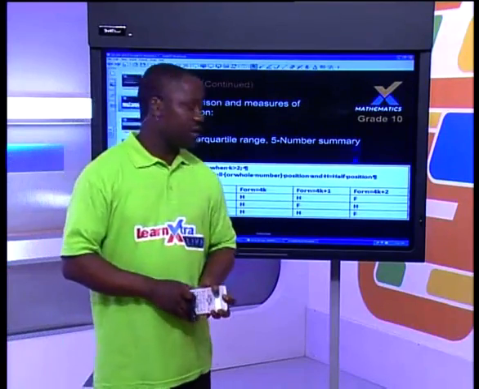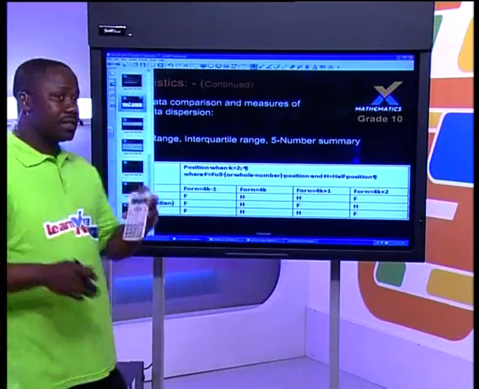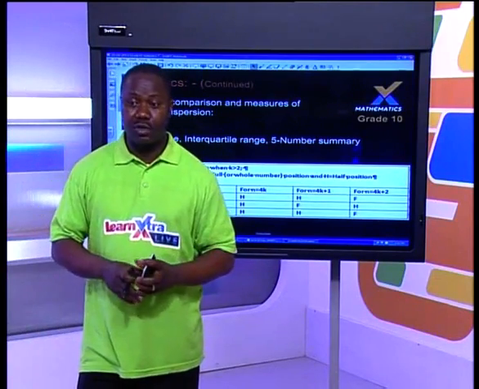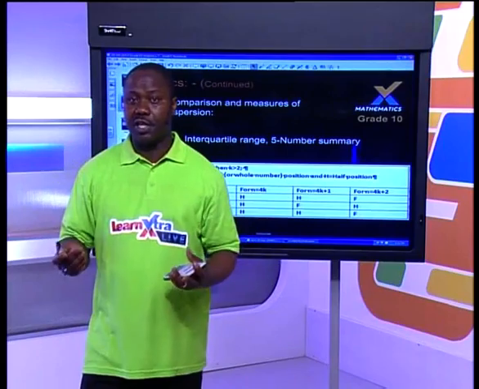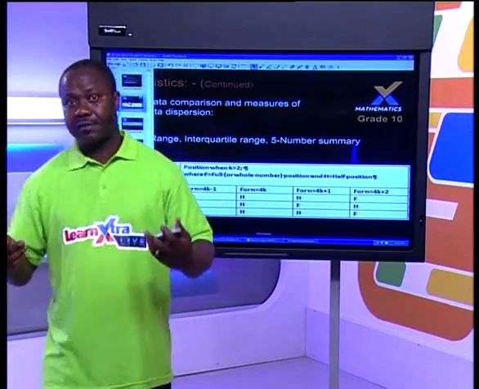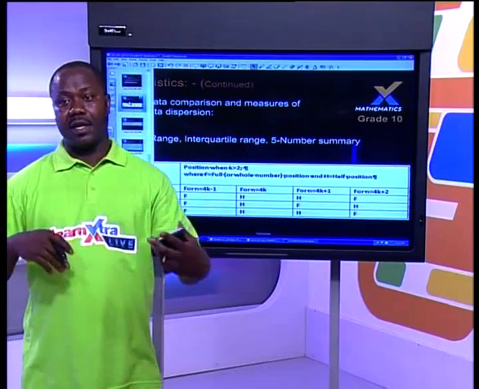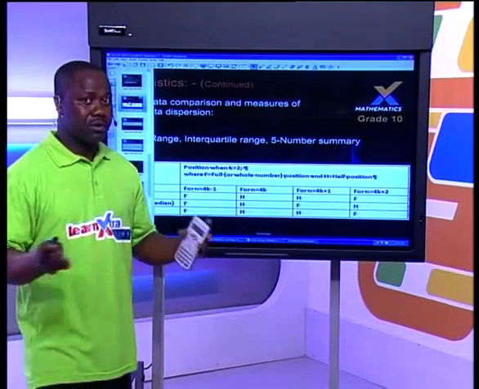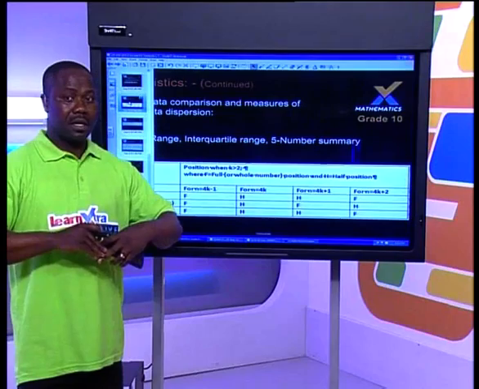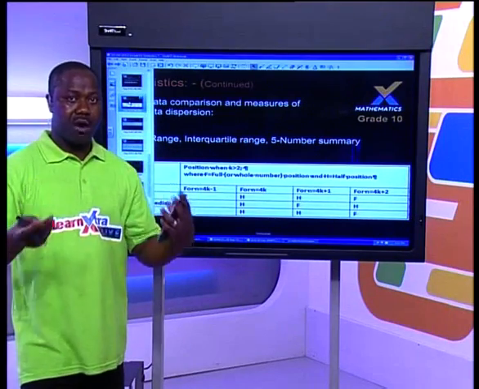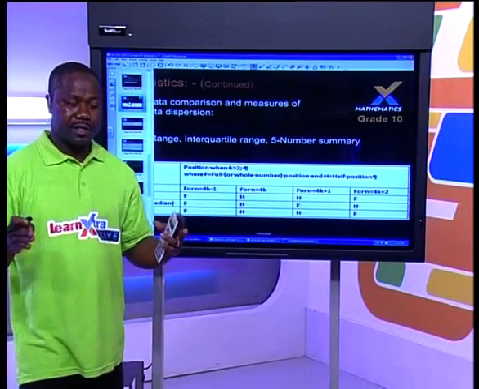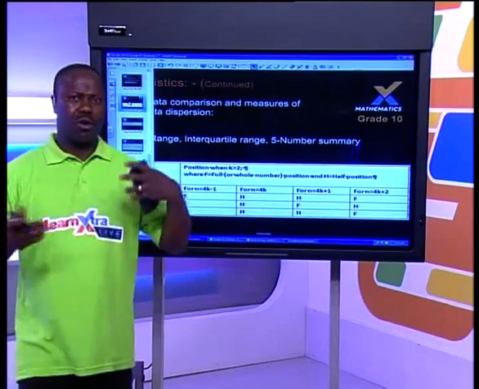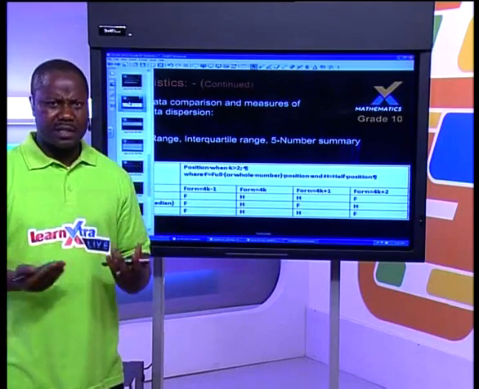Greetings to our viewers at home. Yes, last week we stopped where we were doing a graphical representation of data, after basically learning that there is central tendency of data. So what we're going to do today is basically get to see how data is dispersed and basically compare different types of data as well.